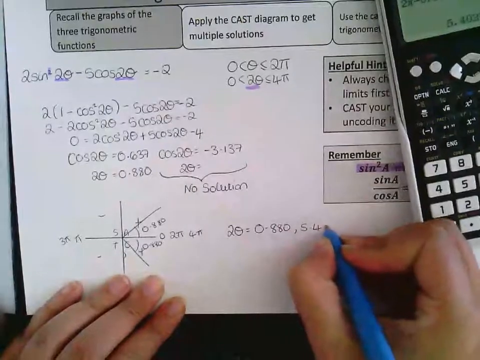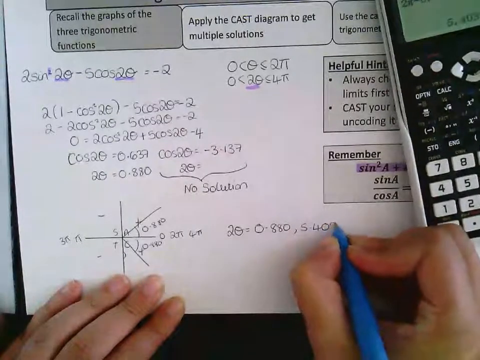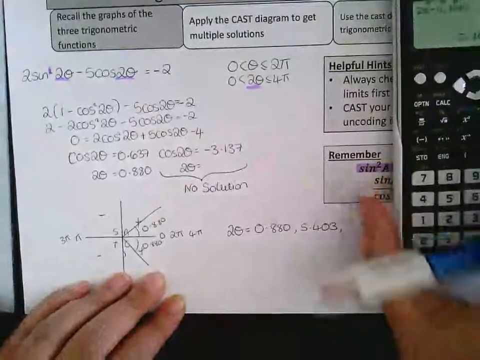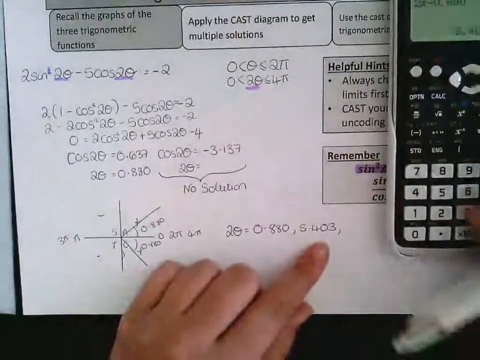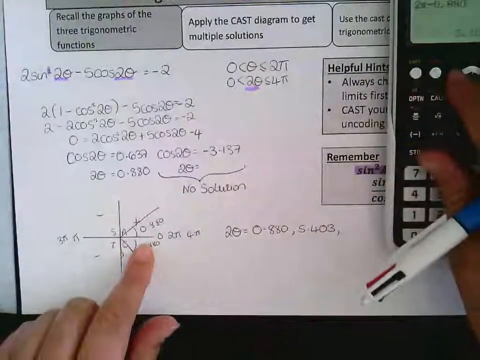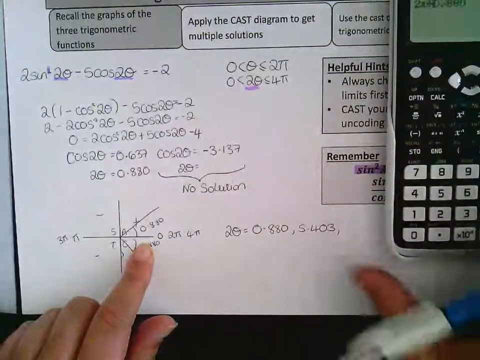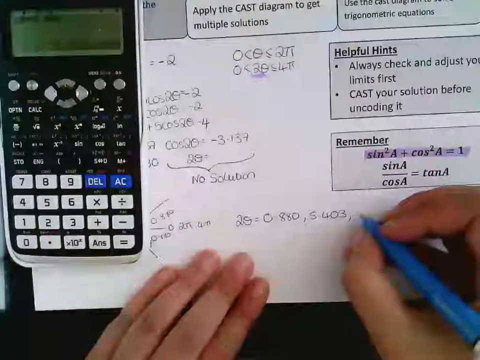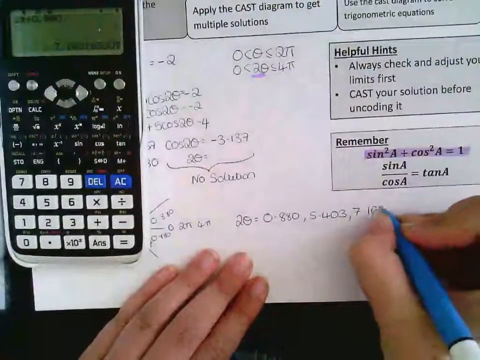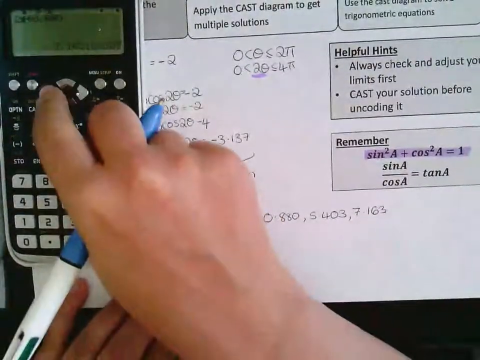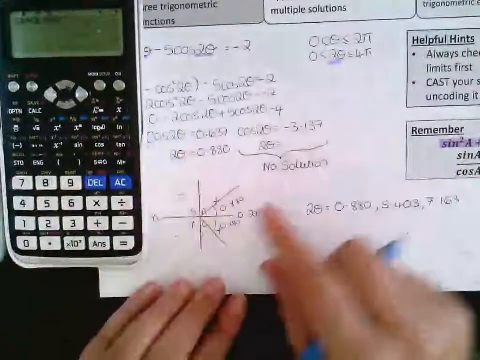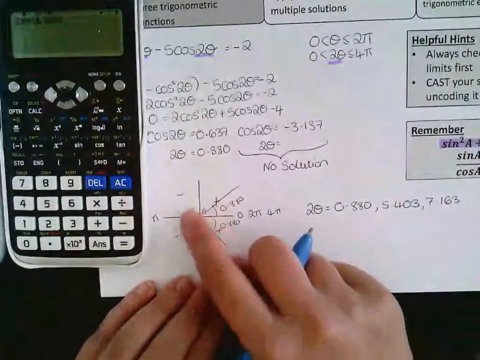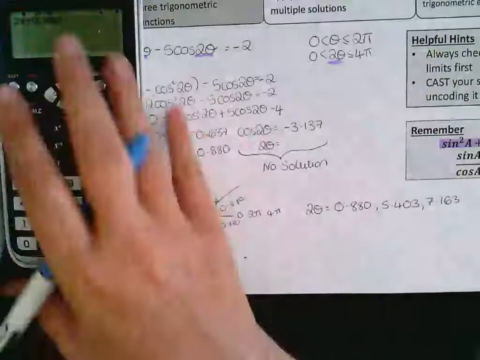I am going to give my final answer to 2 decimal places, but I'm just keeping an extra one all the way through so I don't get a rounding error. So I've been round once, now I have 2 pi plus, just move it over here, 7.163, and then 4 pi minus.